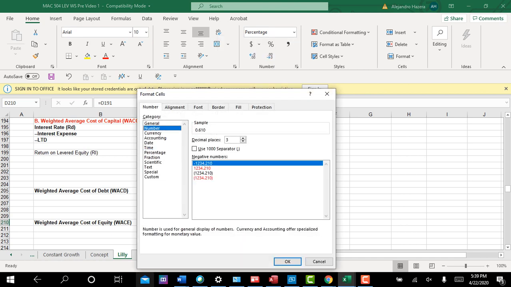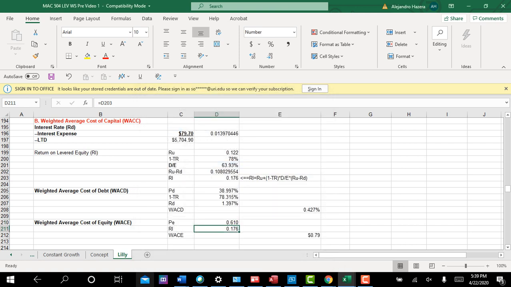I'm going to change it to a number, 0.610. Okay, 0.610 times 0.76. That gives you a weighted average cost of equity of that amount right there.